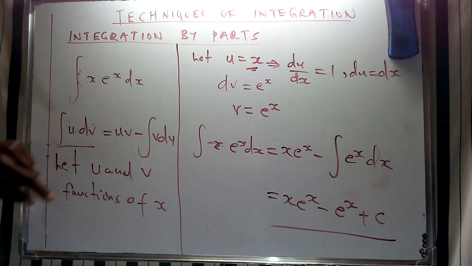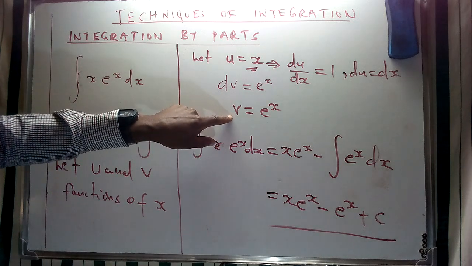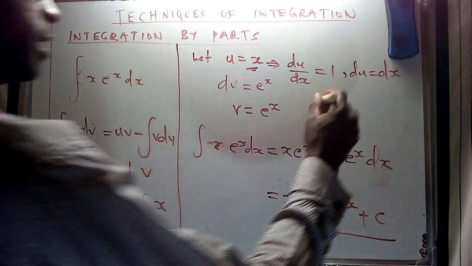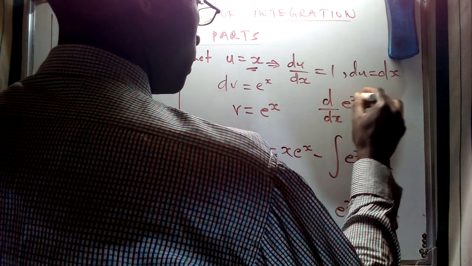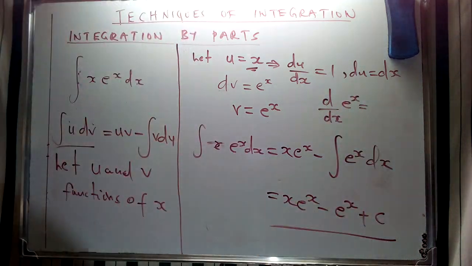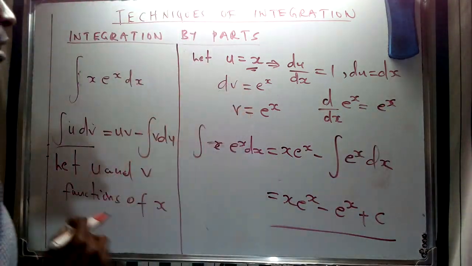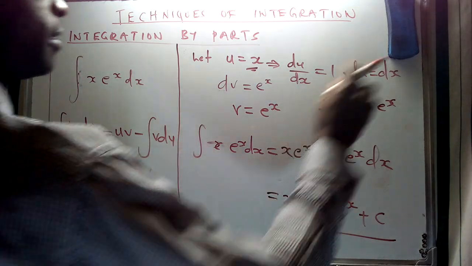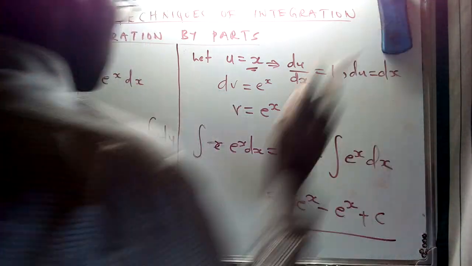Therefore, if I try to find the value for v, it is found from this specific dv. So therefore, v is going to be equivalent to e^x.